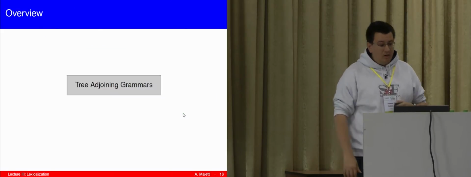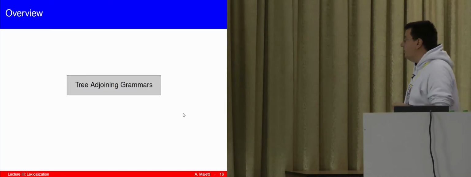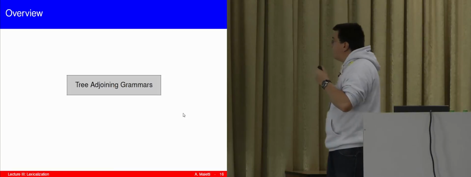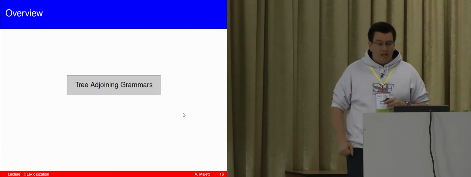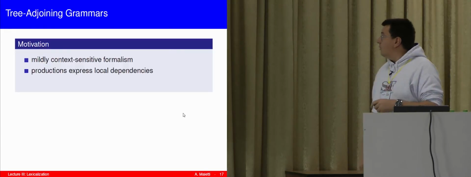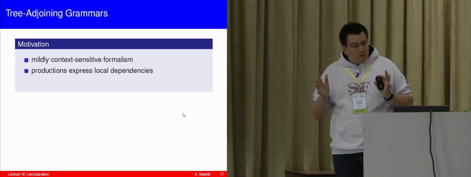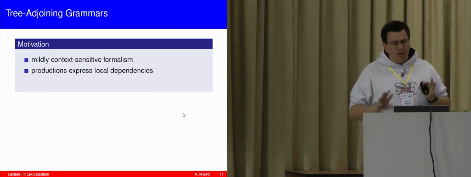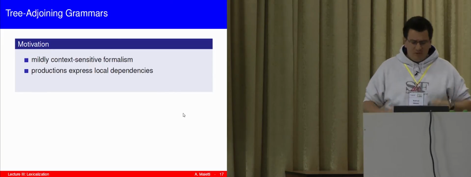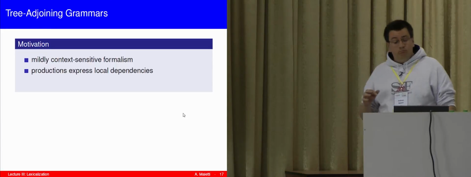And the devices that they looked at were tree adjoining grammars. And they were already mentioned yesterday. And for those who don't know them, they'll have their chance now. So you get to know tree adjoining grammars. What are those? They're called a mildly context-sensitive formalism. That just means they are more expressive than the context-free grammars, in some sense. The productions express local dependencies.